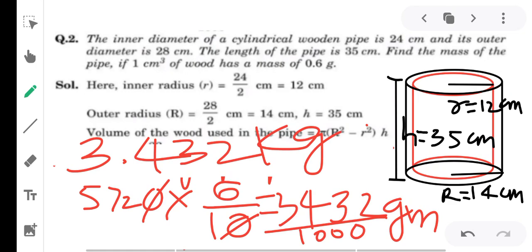You can check this value with your answer sheet which is given in the textbook, back side of the textbook you can confirm that. So definitely you will get this value.